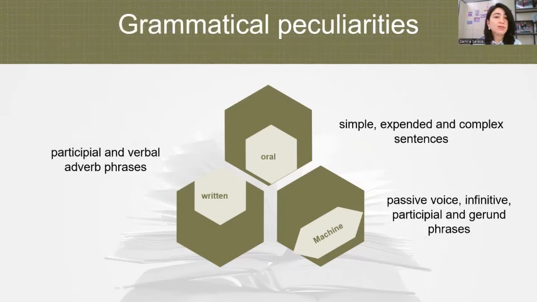The next is grammatical peculiarities. We all know that in all types of text, we could come across grammatical issues. Regarding the scientific technical text, we could come across participle and verbal adverb phrases, simple, expanded, and complex sentences, passive voice, infinitive, participle, and gerund phrases.